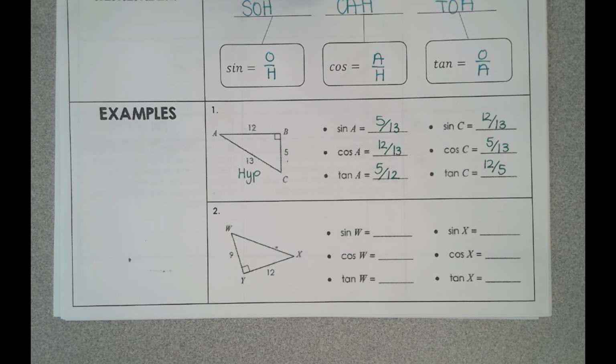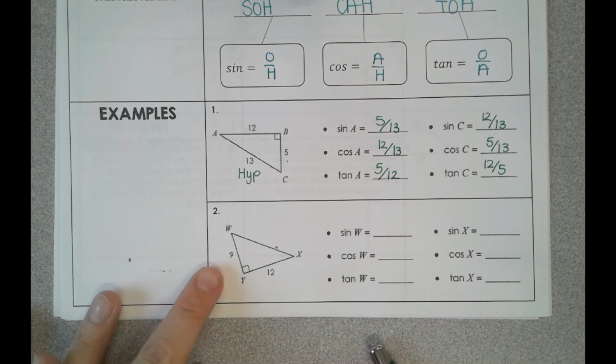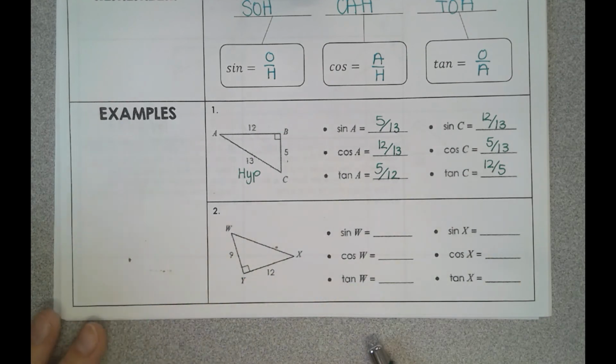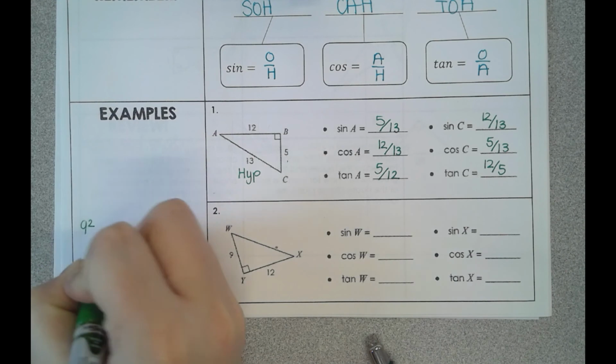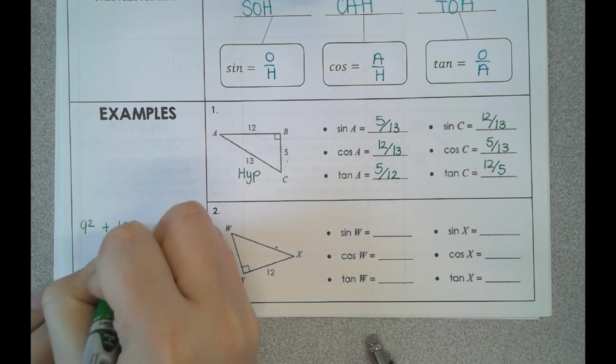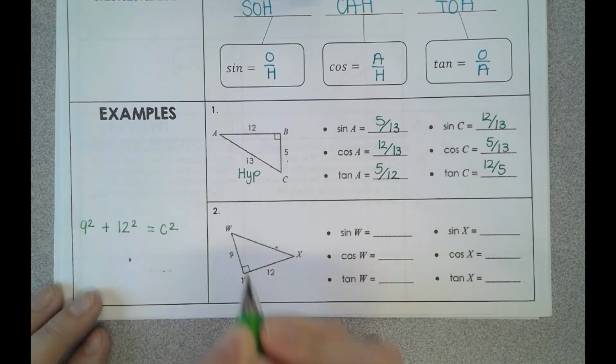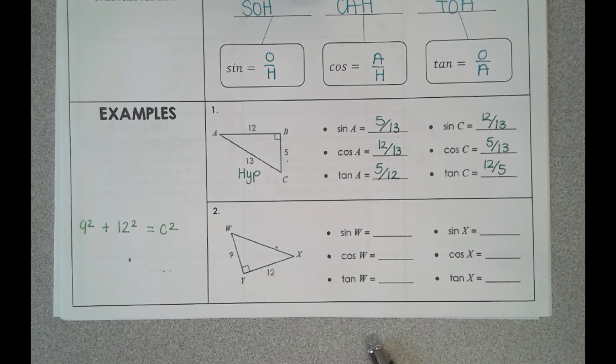All right, number 2, we are missing one of the side lengths which we need. How can we find this missing side? We can do Pythagorean Theorem. So this is a Pythagorean triple. If you remember those triples, you could use that. But if you don't, then we'll say, all right, 9 squared plus 12 squared equals c squared.